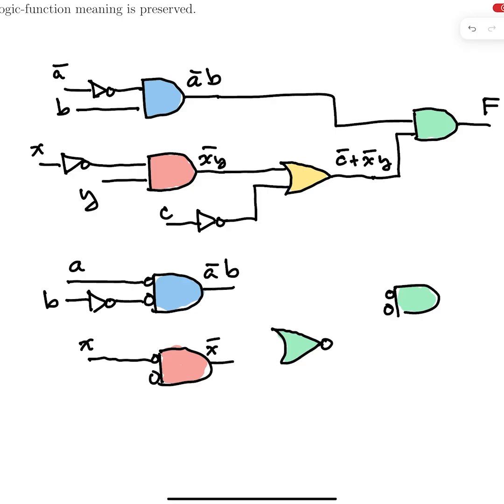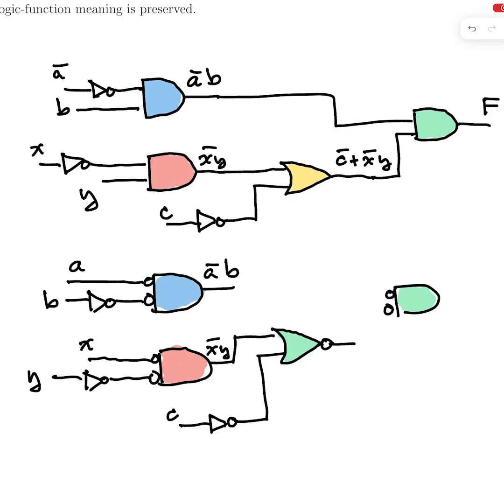I need to invert Y so that the bubbles cancel, so that Y shows up on the output. Okay, so here we go. And then I need C bar. Well, there's no bubble on the input of this NOR gate, so I need to actually form that inversion. So there we go with C. So that takes care of that.